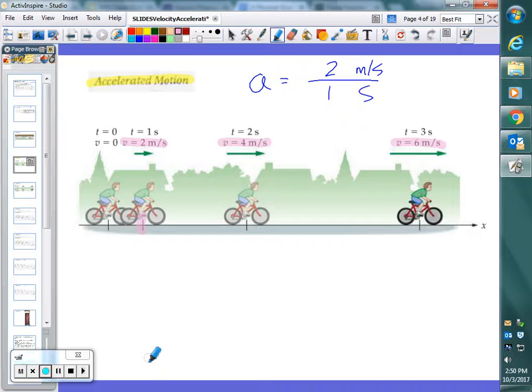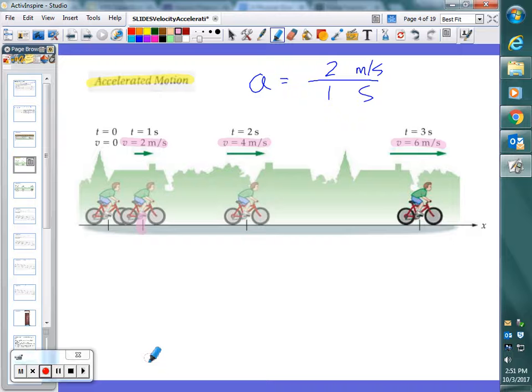How much does the instantaneous velocity change each second? 2 meters per second. Or if we wanted to make a general pattern out of that, how much does the instantaneous velocity change each second? In this case, yes, because we've said that that's the what in this problem? What is 2 meters per second in this problem?